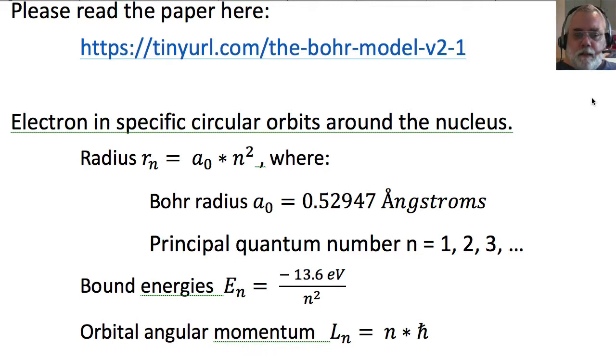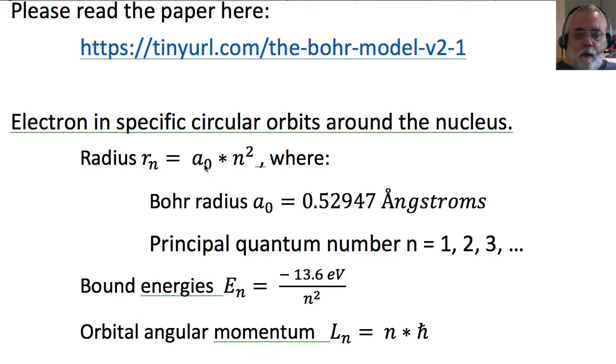Bohr produced a model whereby the single negatively charged electron in a hydrogen atom can be in specific circular orbits around the positively charged nucleus, the proton. He gave the radii of those orbits.